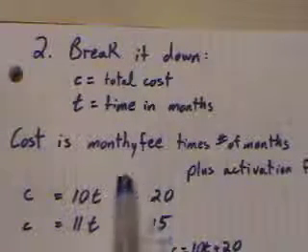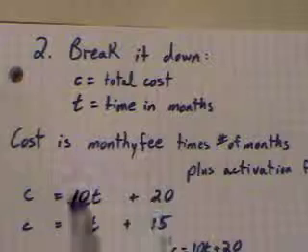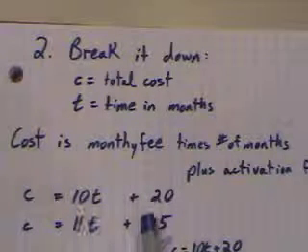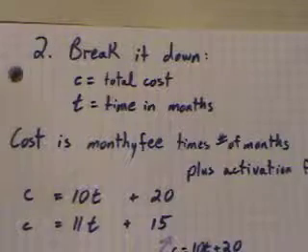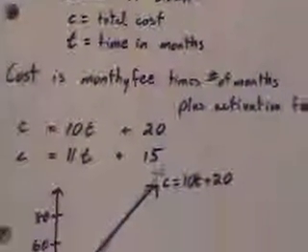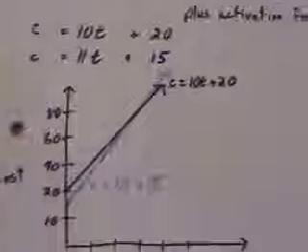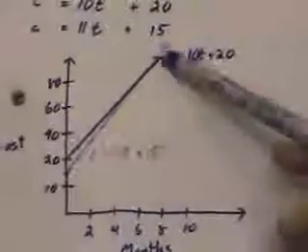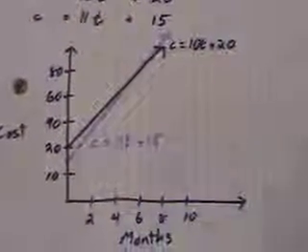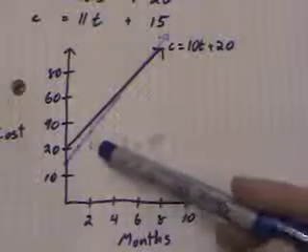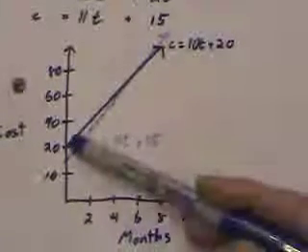So, what's the solution to this system of equations? At what month have you spent the same amount of money for either service? Notice again, I graphed only in one quadrant because we're not talking negative money here. Notice also I used two different colors.